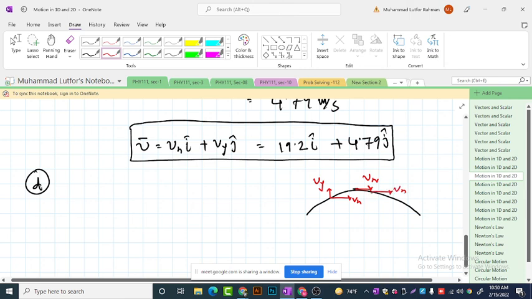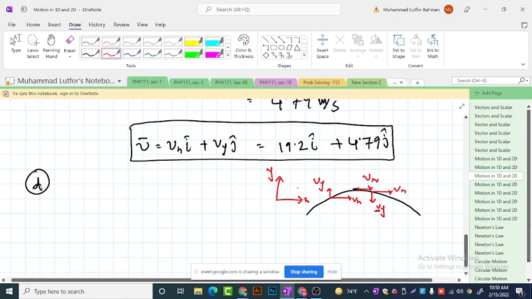What is the direction of the Vy? It would be downward, right? Just after the maximum point, the component of the Vy would be downward. Downward means it would be negative, because you chose upward as your positive y direction.